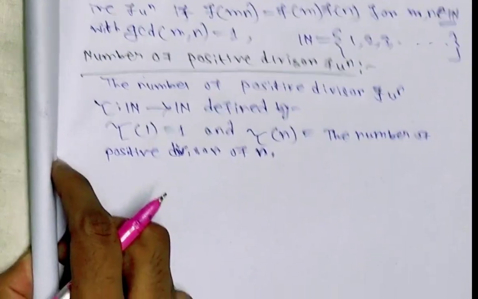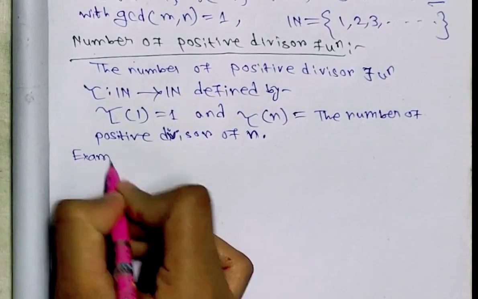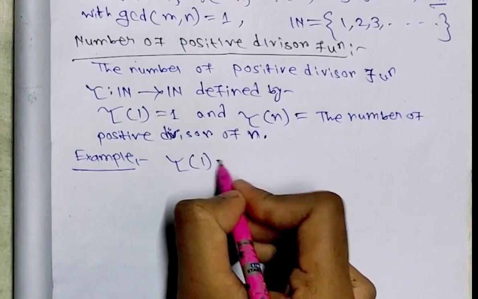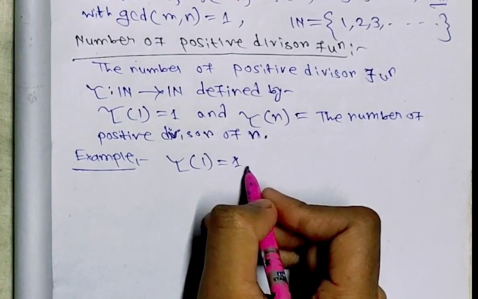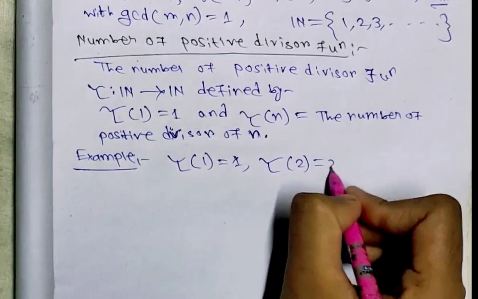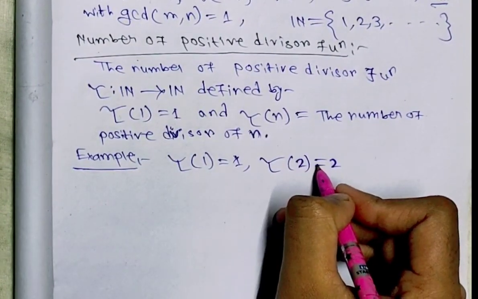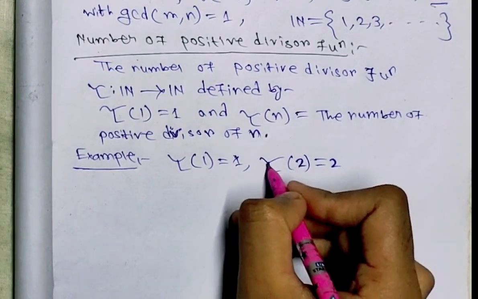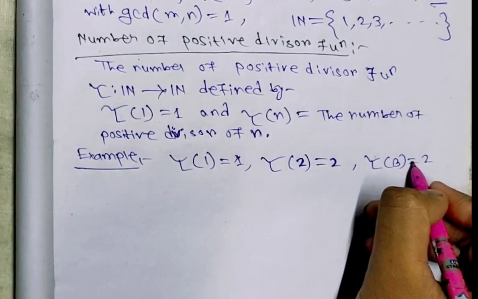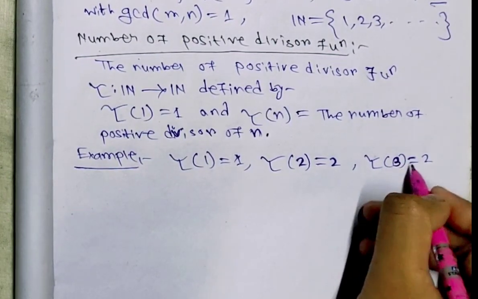ओके, नाउ एग्जांपल: tau of 1 equals 1, क्योंकि 1 को सिर्फ 1 ही डिवाइड करता है. Tau of 2 equals 2 because 1 and 2 both divide 2. Tau of 3 equals 2 because only 1 and 3 divide 3.